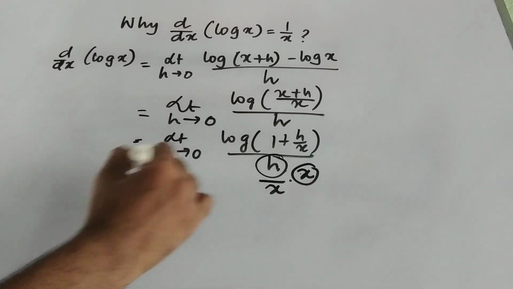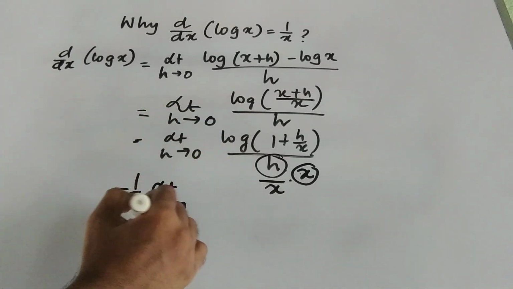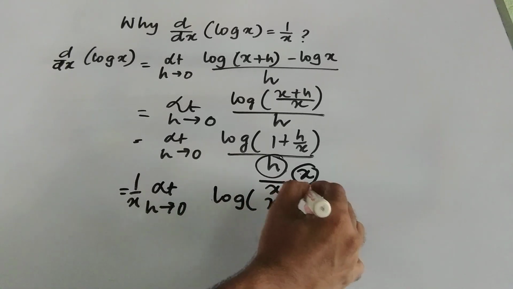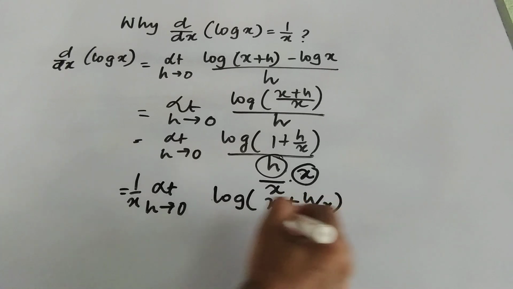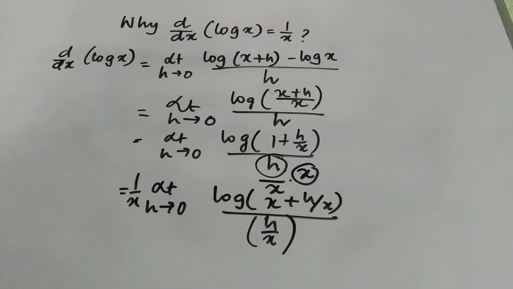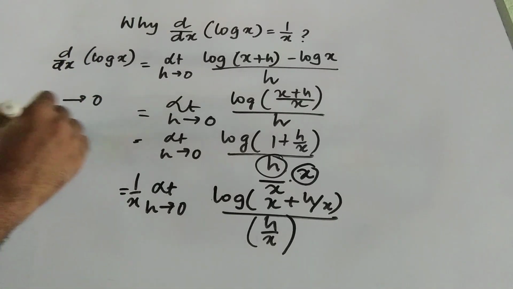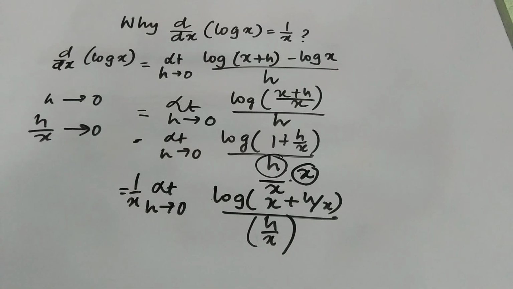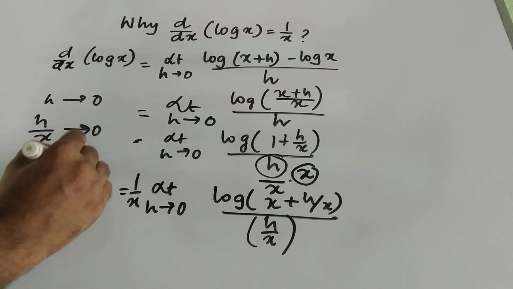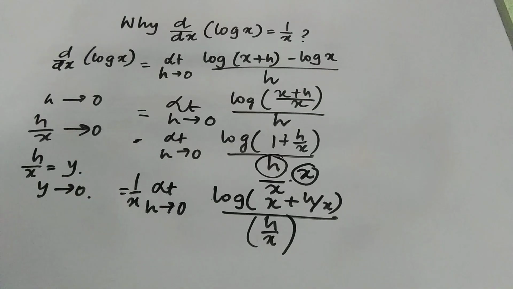So 1 by x I can take out of the limiting expression. So 1 by x, limit h tends to 0 of log of 1 plus h by x whole divided by h by x. Right? Now if h tends to 0, then it is obvious that h by x also tends to 0. If h by x is written as y, then that means y also tends to 0.